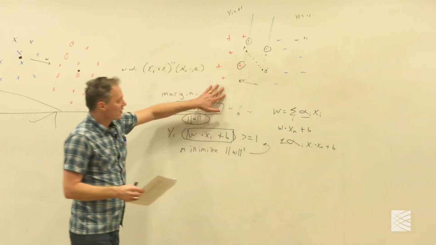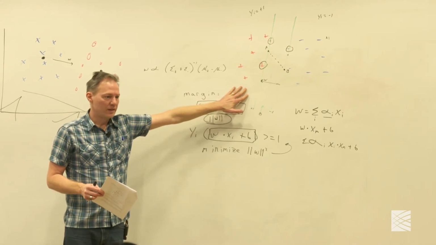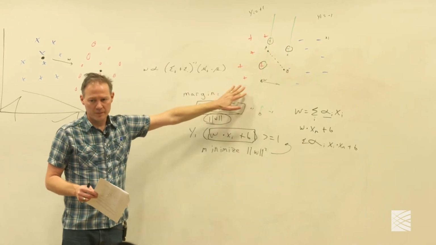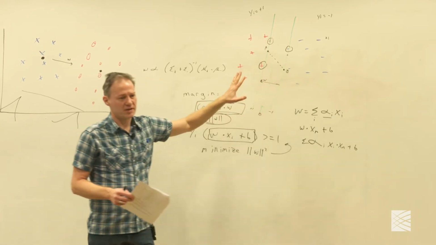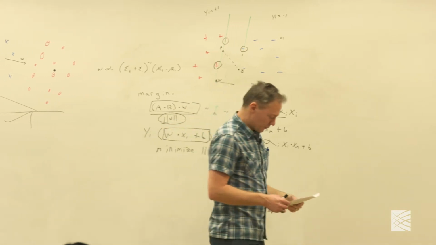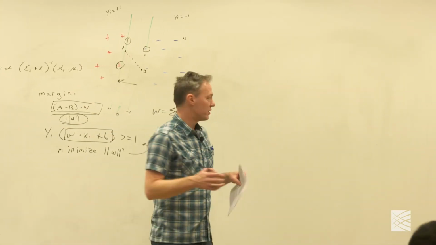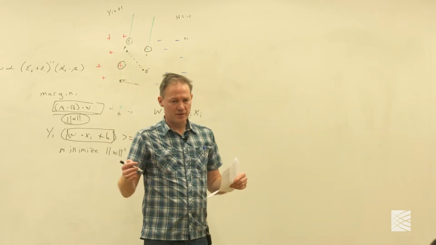I'm going to extend this a little bit to regression just because it's nice to see the mechanism, how it's similar. And it also generalizes this to the case where it's not linearly separable. So support vector regression with tolerance. Instead of classifying, we're going to try to regress.